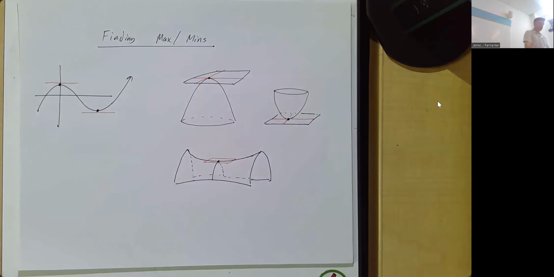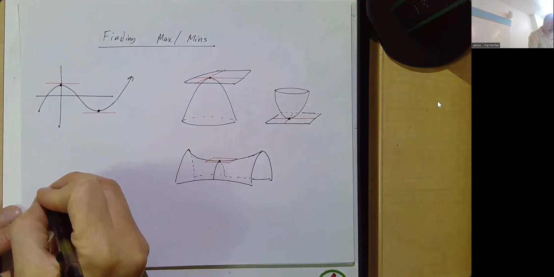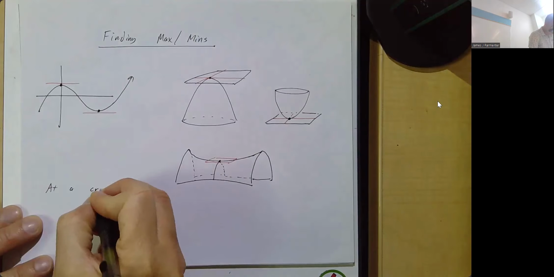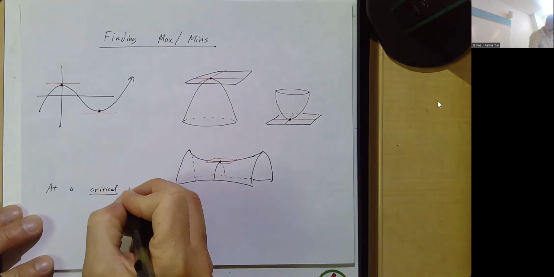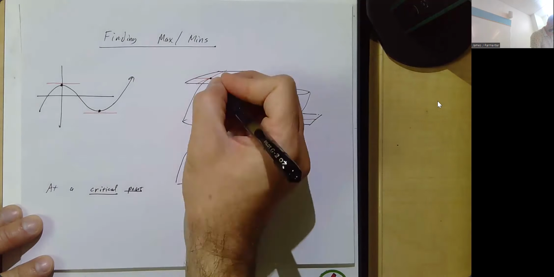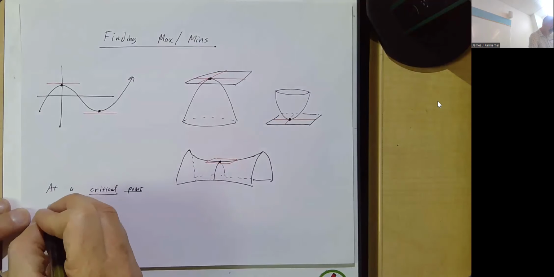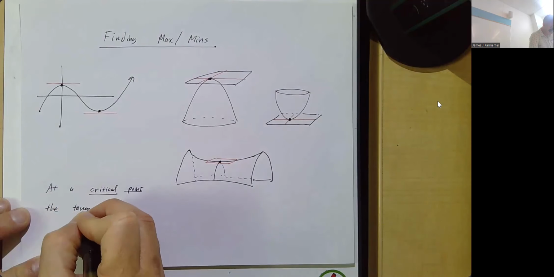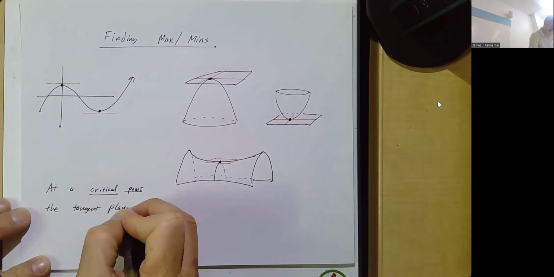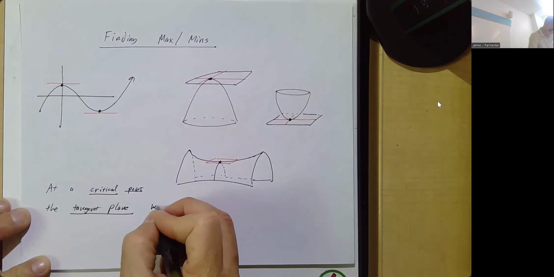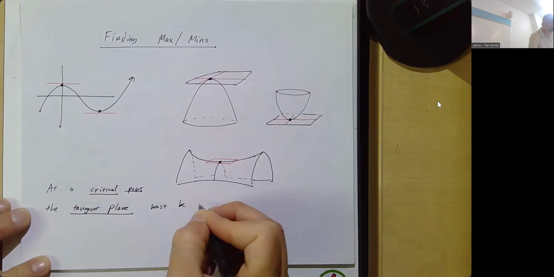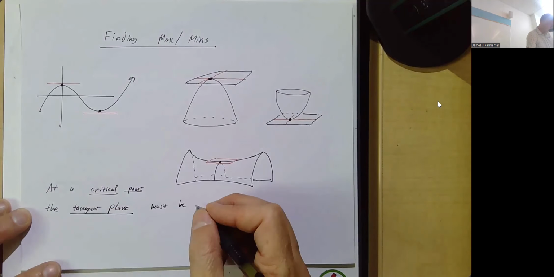So that's the idea: we're looking for a place where the derivative in the x direction and the derivative in the y direction are equal to 0. So at a critical point, like here or here or here, the tangent plane must be flat or horizontal. I don't know what the right word to use is there.